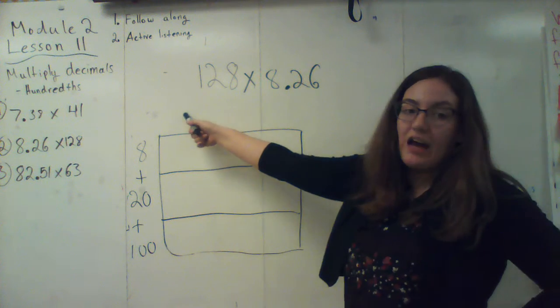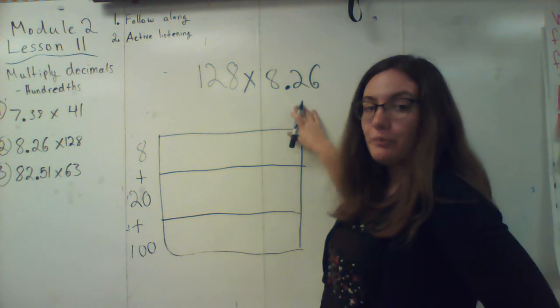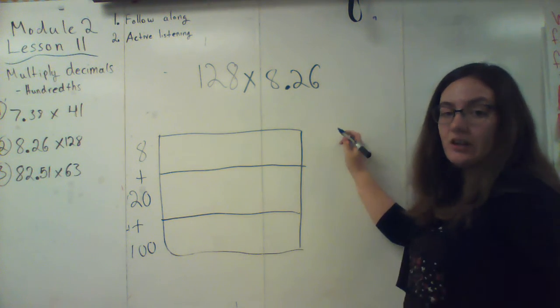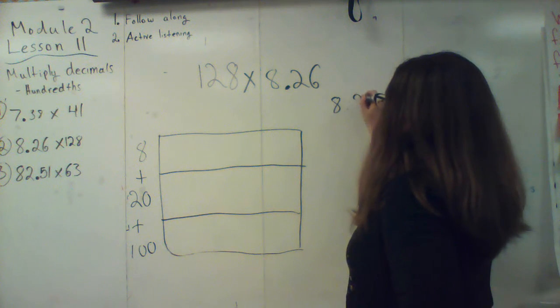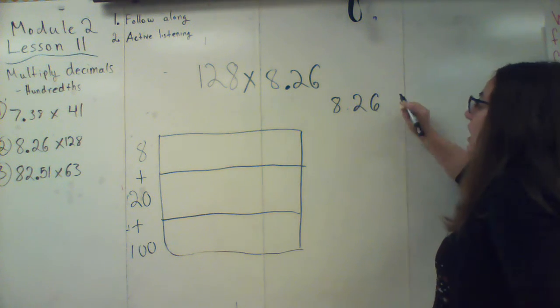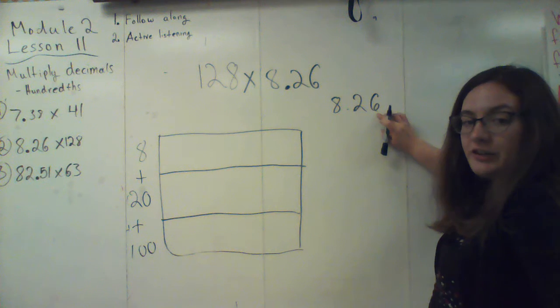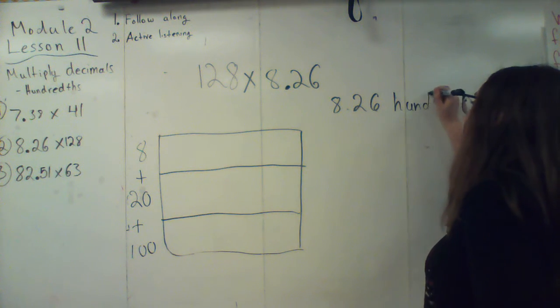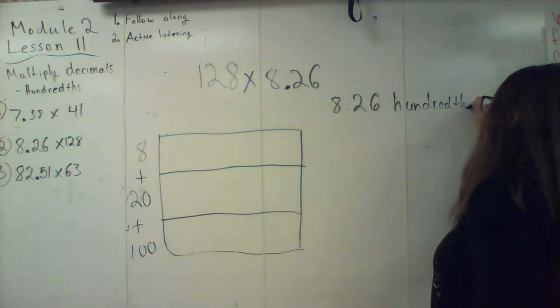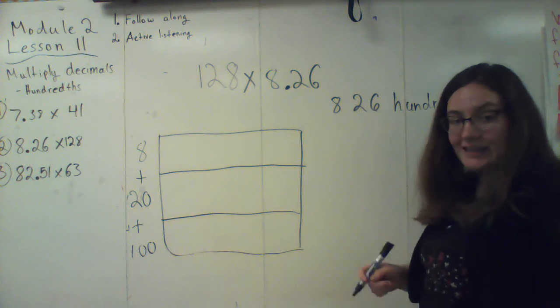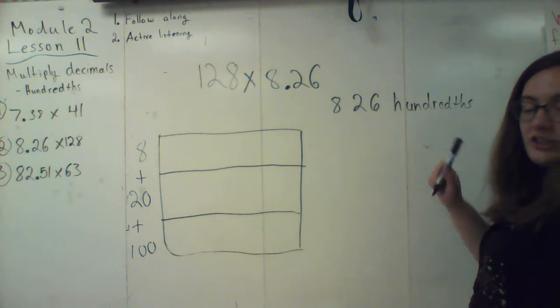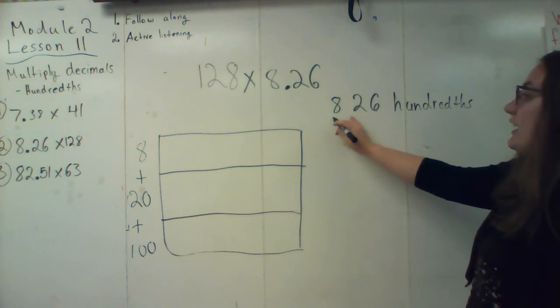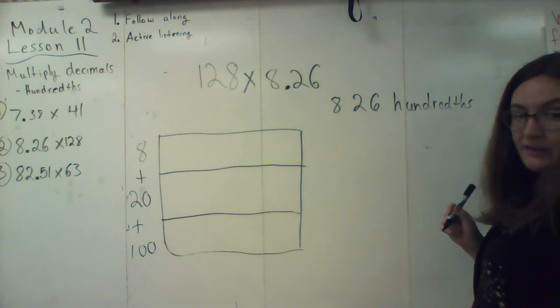And then at the top, I need to decompose this 8.26, or 8 and 26 hundredths. So to do this, I think of this as I have this 6 in my hundredths place. That is my smallest place value. So I'm going to write the unit hundredths next to this number. I'm going to erase my decimal, and I now have 826 hundredths. And I just need to write this number in expanded form.